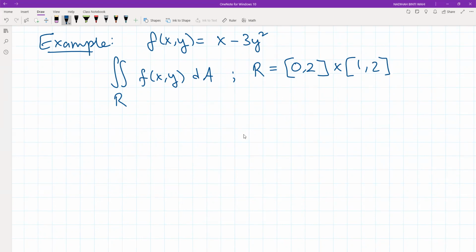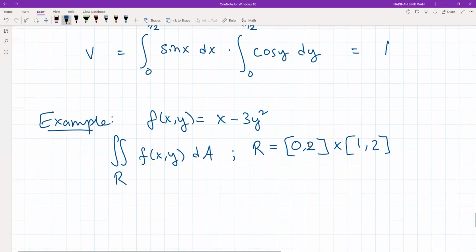Okay, dalam case ni, so let's look at this one. You cannot separate into g times h. Tak boleh nak separate.